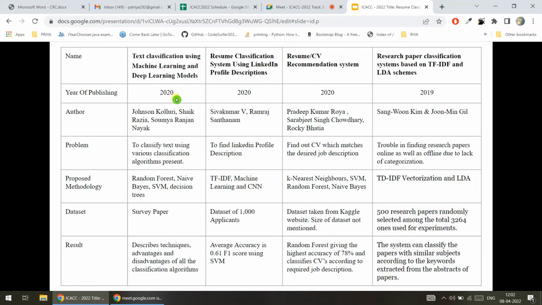Using TF-IDF vectorization and latent Dirichlet allocation, which is also used for grouping documents, they took 500 research papers into consideration. The paper does not mention a specific accuracy count, but they displayed a lot of graphs which show excellent results, and they are able to group similar research papers together.